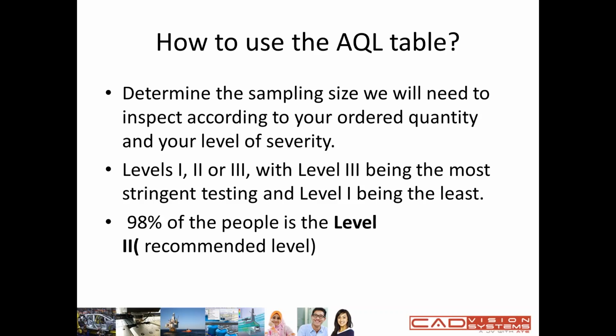Level 3 is basically the strictest testing. Level 1 is the least strict. Currently in the market, 98% of people are using level 2. So level 2 is the recommended level. It falls in the middle.